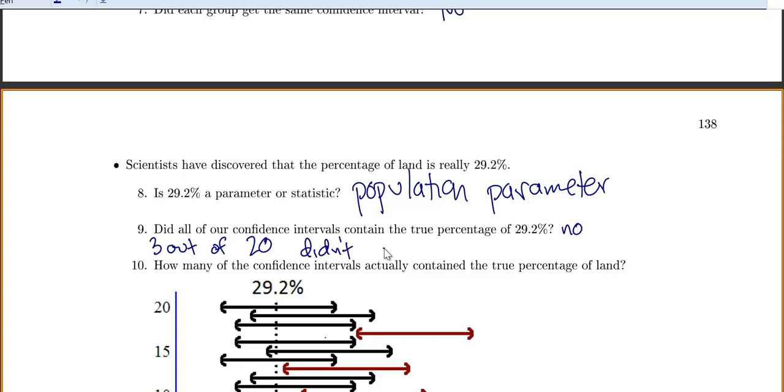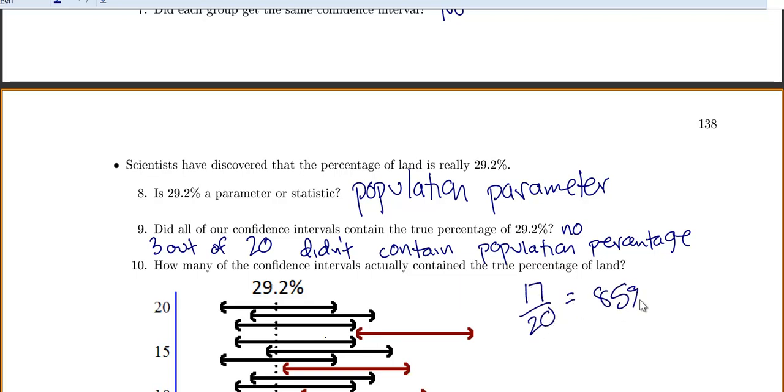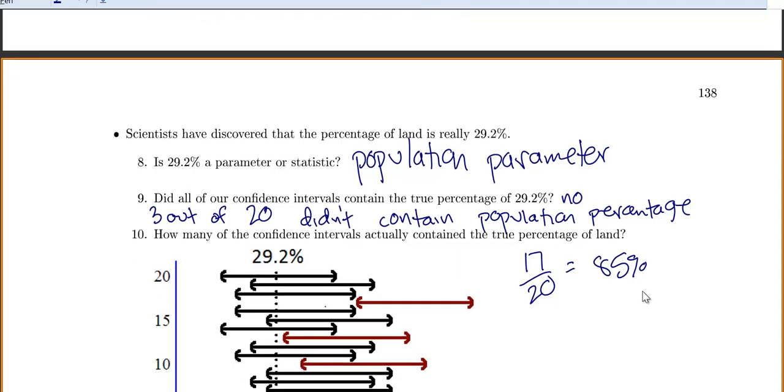didn't contain the population percentage. Which means how many of the confidence intervals actually did contain the true percentage? If 3 didn't, then 17 out of 20, which is 85%, actually covered the true percentage.